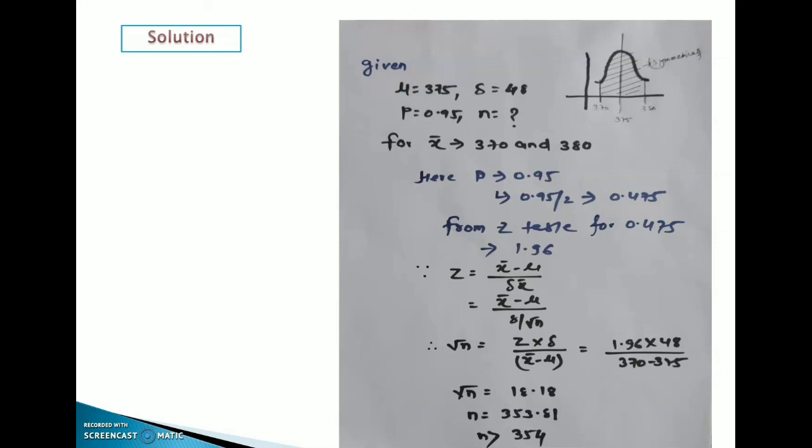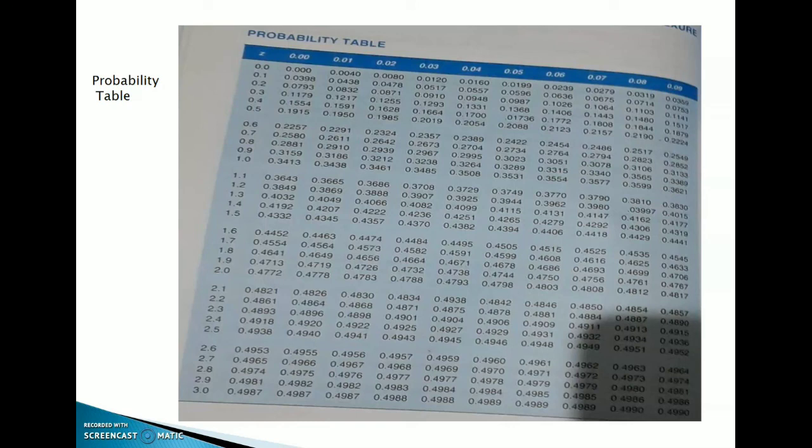By rearranging all these figures, we get the square root of n equal to 18.18. Squaring both sides, we get 353.81. So the sample size must be taken greater than 355 to have a probability of 0.95.